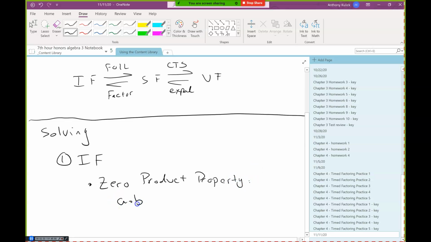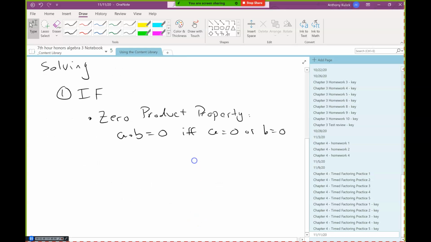which states that if you have two things that multiply to give you 0, one or both of those things must be 0. Critically important. It's not true like if the two things multiply to give you 1, you can't just set each of them equal to 1.